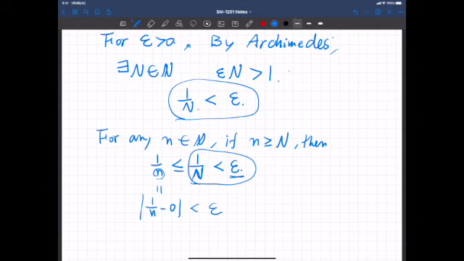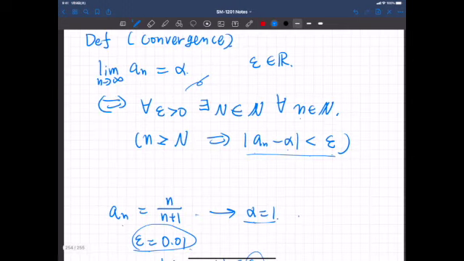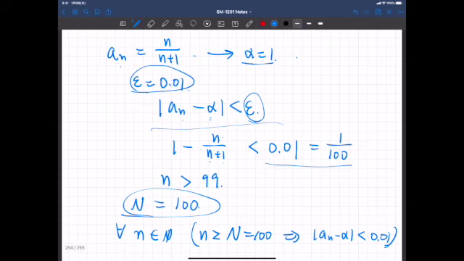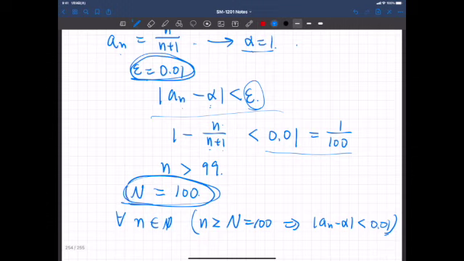Okay. In this definition of convergence, be careful that this choice of capital N depends on the value of epsilon. In the previous example, if you set epsilon's value to 0.01, then the value of capital N is 100. But if you choose another value for epsilon, like 0.001, then the value of capital N should be different.